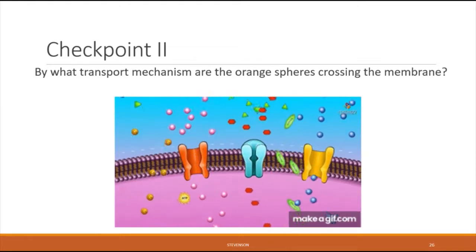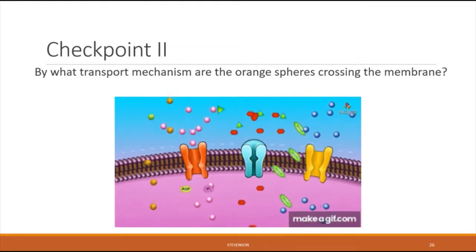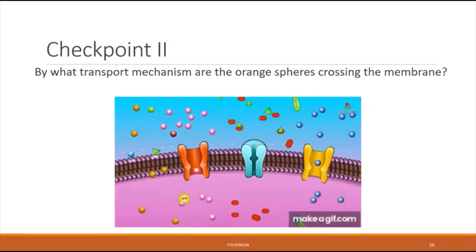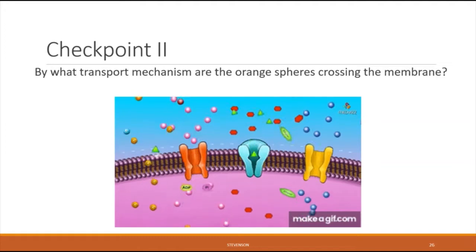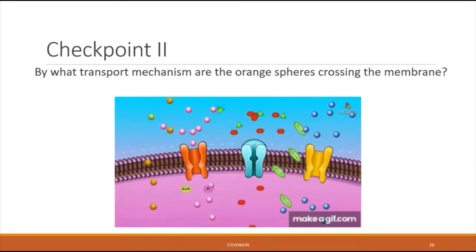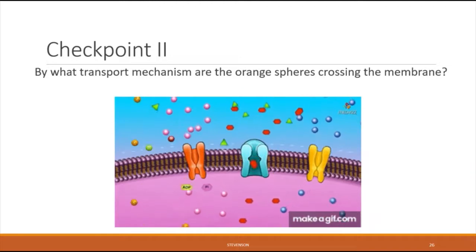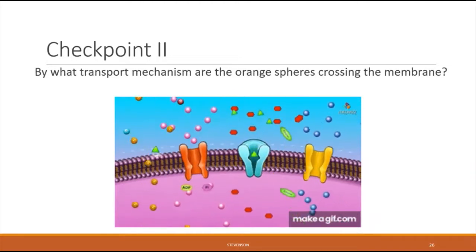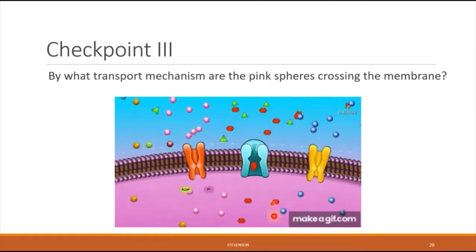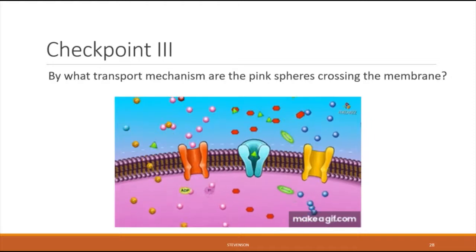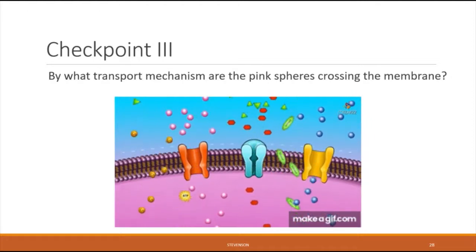Next, in this checkpoint, I want you to tell me by what mechanism the orange spheres are crossing the membrane. And again, be as specific as possible. And then finally, checkpoint 3, tell me by what mechanism the pink spheres are crossing the membrane.